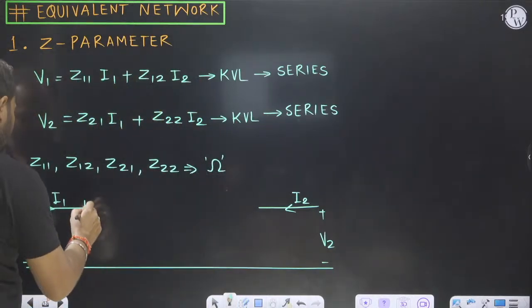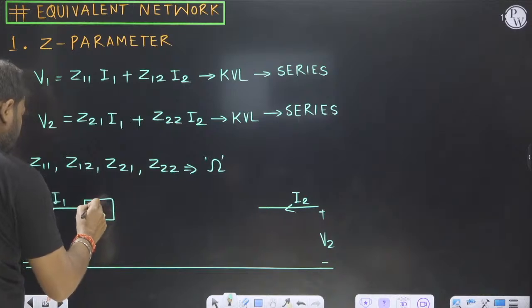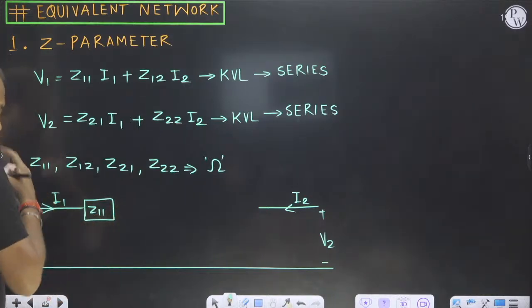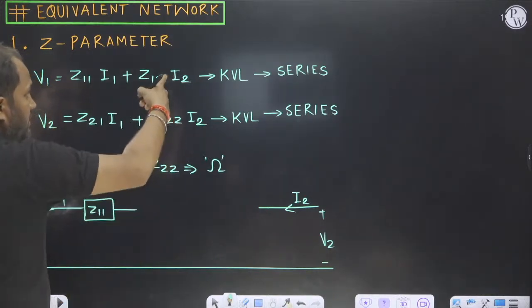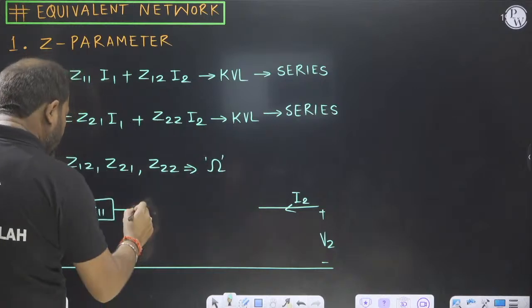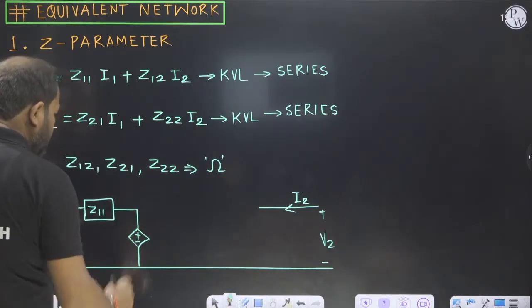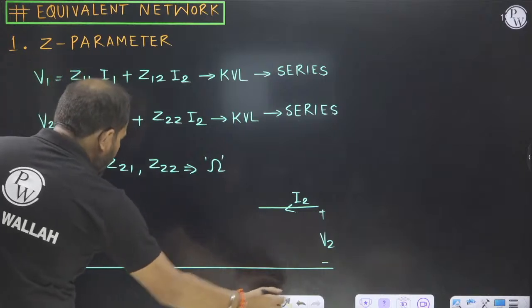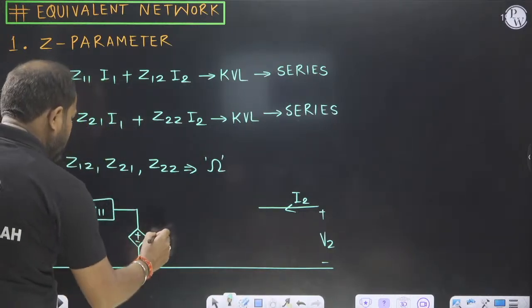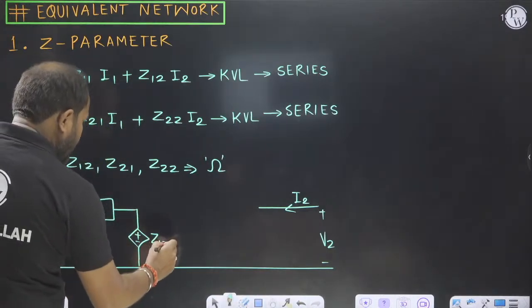So this one is Z11. But this one is I2, so it is the second port. So I will replace it with a dependent voltage source. So it is Z12 I2.